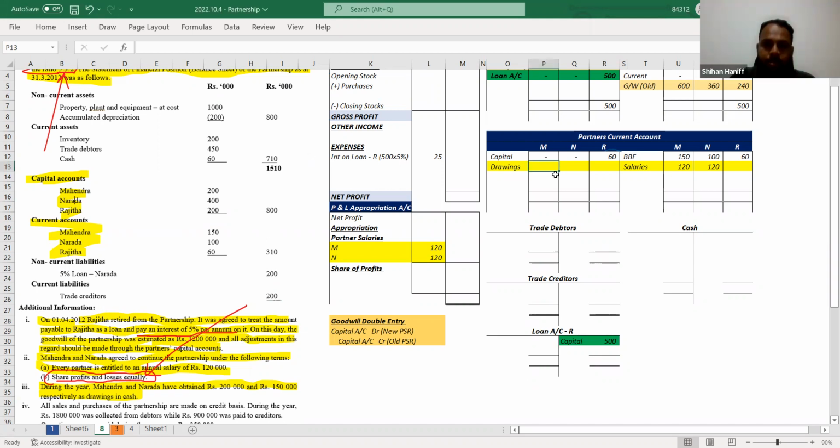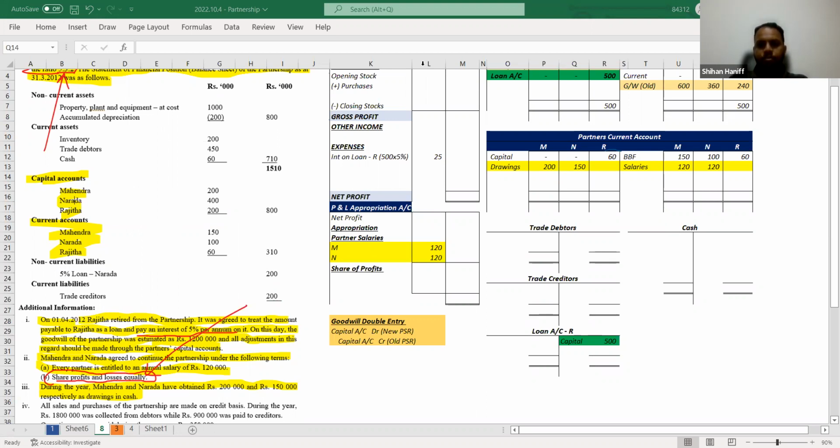Oh, there is a question, and let me come back to that. 200. Okay, there is a question. Why don't we show the interest on loan 25 on current account for Ajithan?